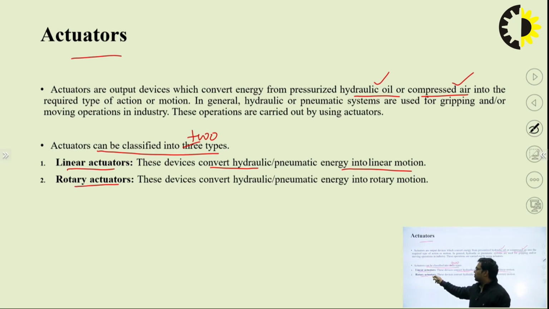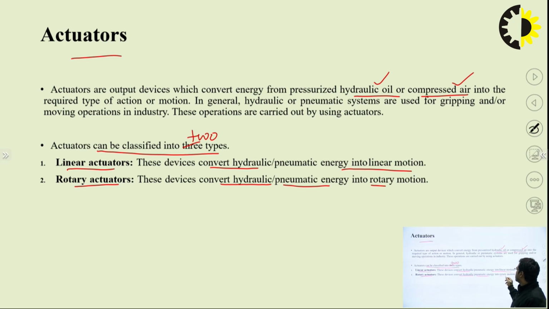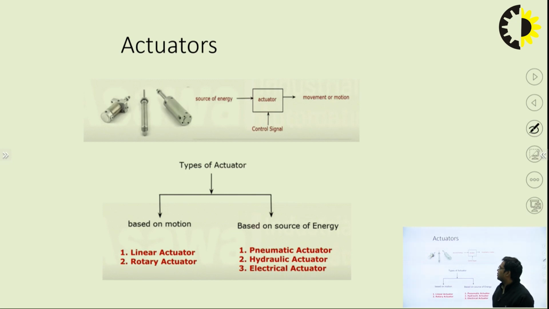Another is rotary actuators. In this case, the hydraulic or pneumatic energy is converted into rotary motion. In such cases, these actuators are used. So these are the sources of energy: the source can be a hydraulic or pneumatic system.